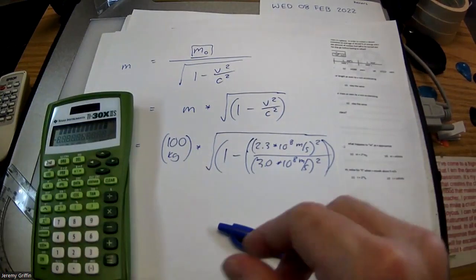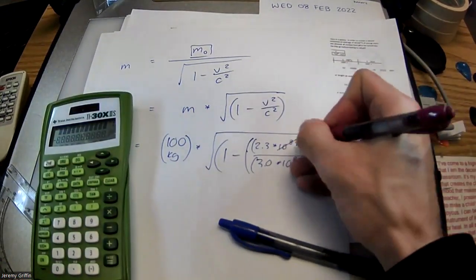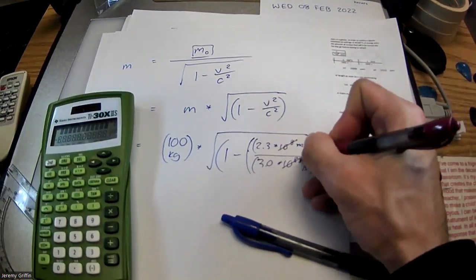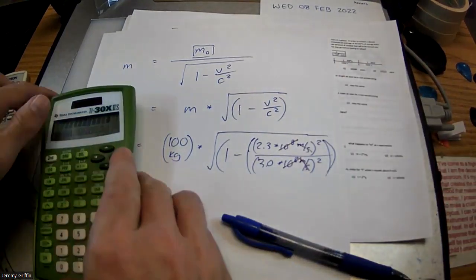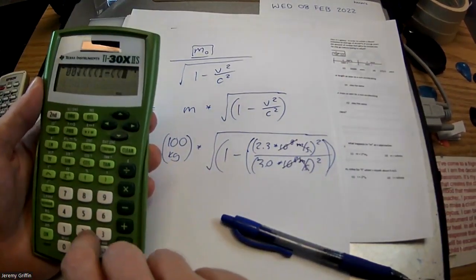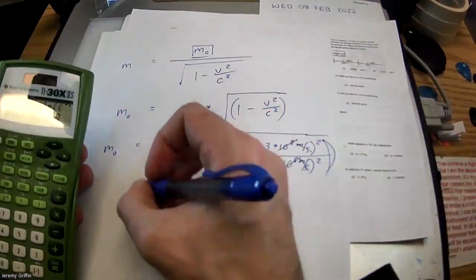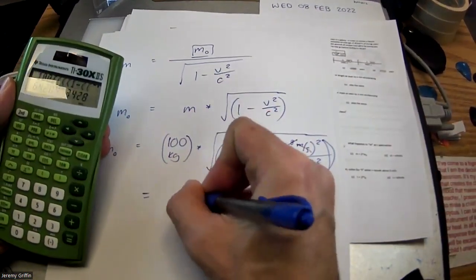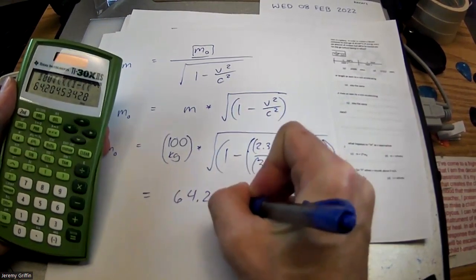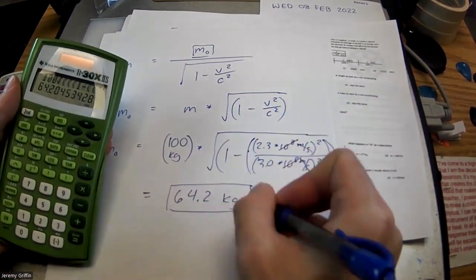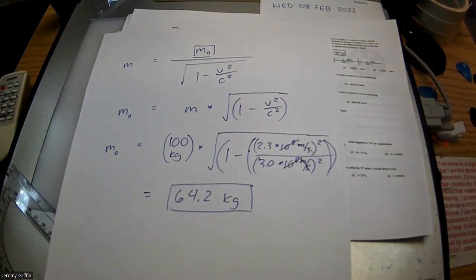I'll go ahead and cut through the 10 to the 8 part because the 10 to the 8s cancel out. We're going 2.3 squared over 3 squared. And the number I'm getting is 64.2, that's kilograms. So that is rocket twin's actual rest mass, according to the numbers on my paper.